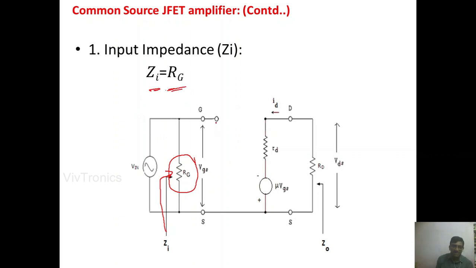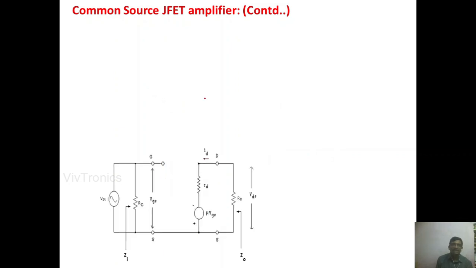There is no resistance here; we have infinite resistance. So infinite in parallel with RG gives the equivalent resistance of RG only. The input resistance is very large for the JFET, so we use one RG resistance in order to make it a finite value. So infinite in parallel with RG gives RG as the input resistance or input impedance.